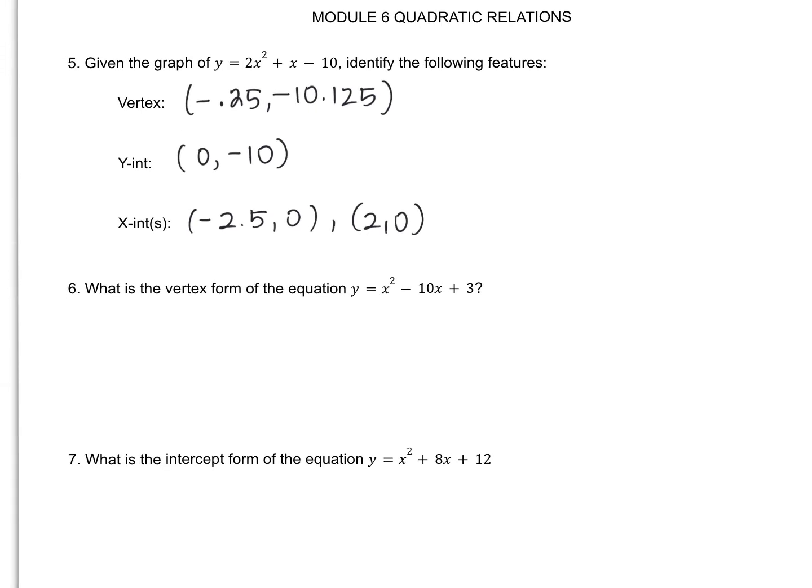Next, we have vertex and intercept form. Vertex form is y equals a, parentheses, x minus h, squared, plus k, where (h, k) is the vertex. Again, using Desmos, I'm going to go ahead and type in the equation.